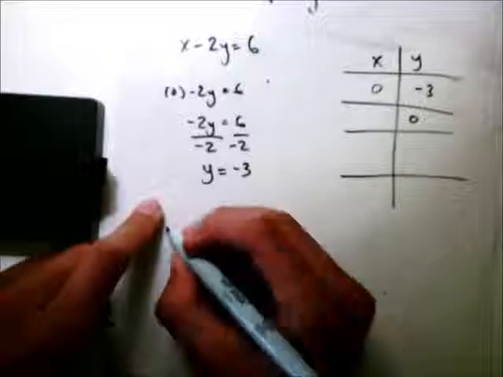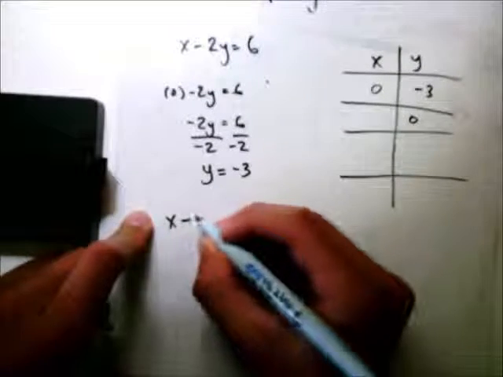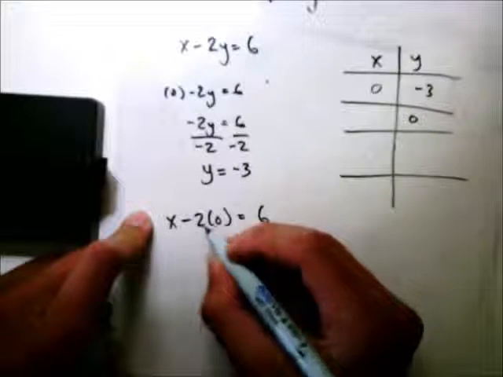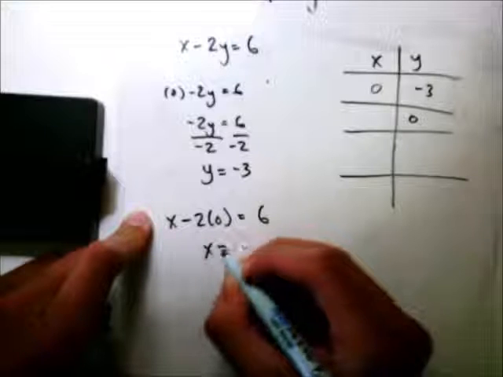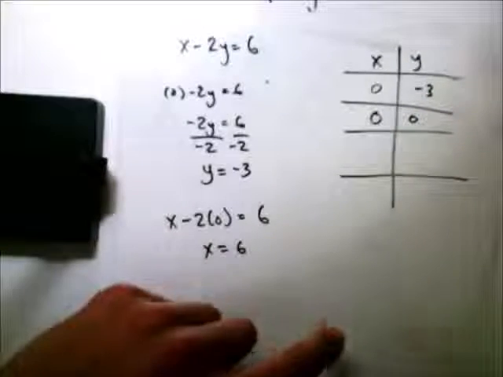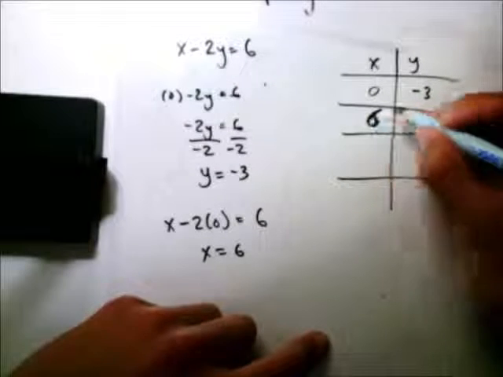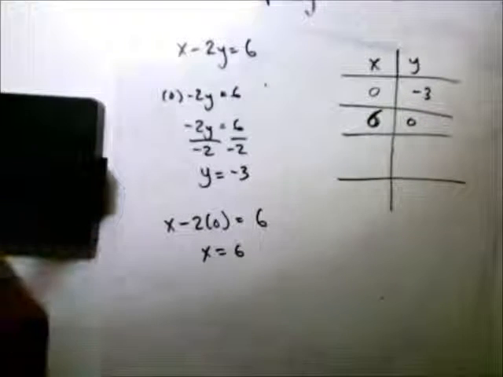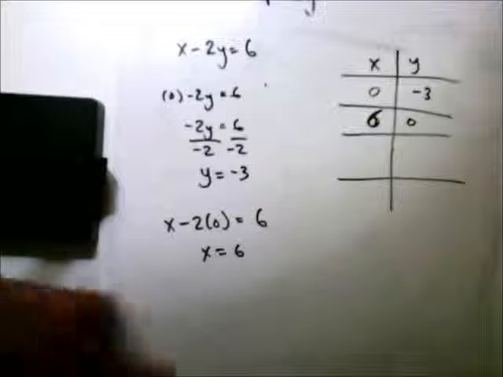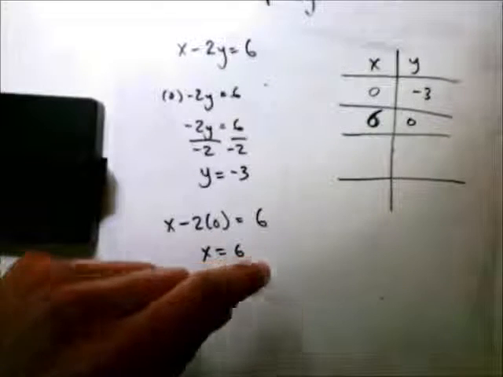Moving right along to find our x-intercept, we have x minus 2 times 0 is equal to 6. 2 times 0 gives us 0, so x is equal to 6. Now we've found both our x and y intercepts, and from here we can just plug in a random point. We can do it for either x or y.